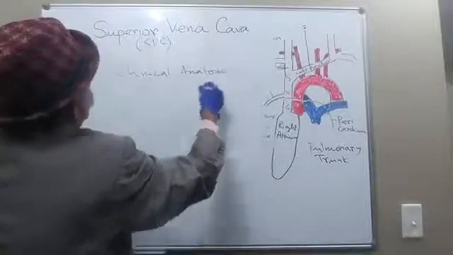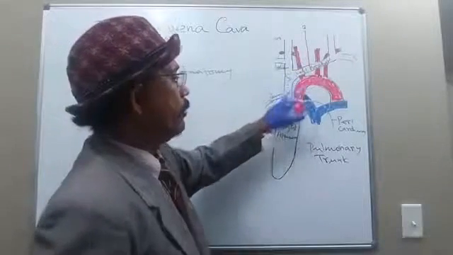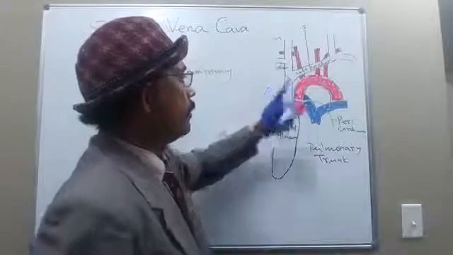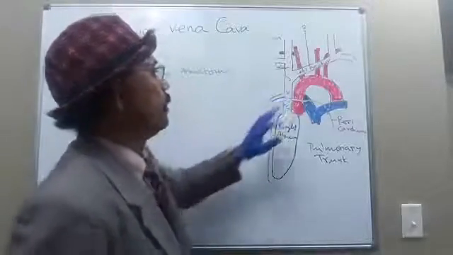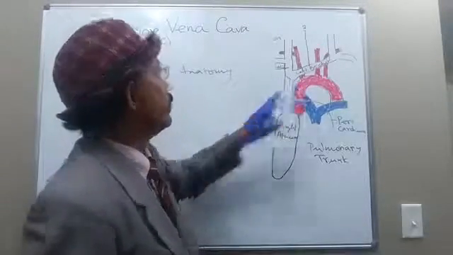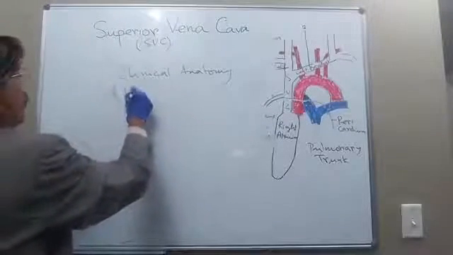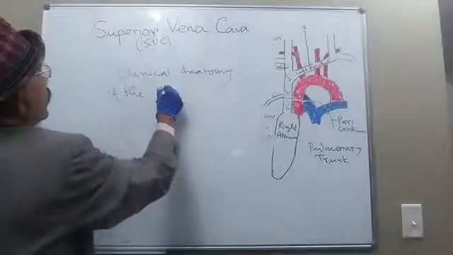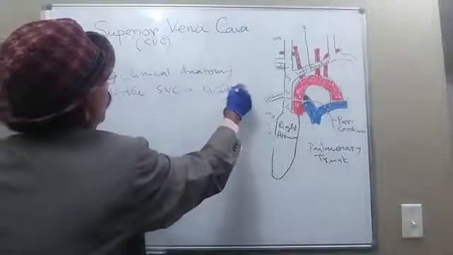Clinical anatomy. There may be a chance of obstruction in the superior vena cava above the azygos vein. There may be a chance of obstruction below the azygos vein. If the superior vena cava is blocked, we have two ways.